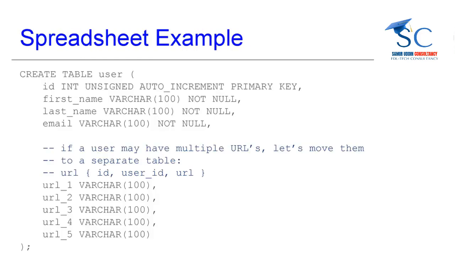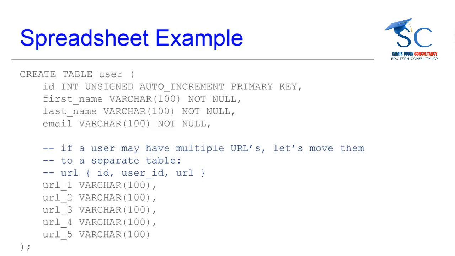So an example is, let's say you have a user table with several data in it, and every user has one or more, or maybe zero or more URLs associated. Something bad that sometimes people do is to create a series of columns for possible URLs.